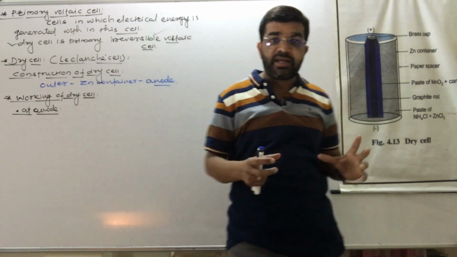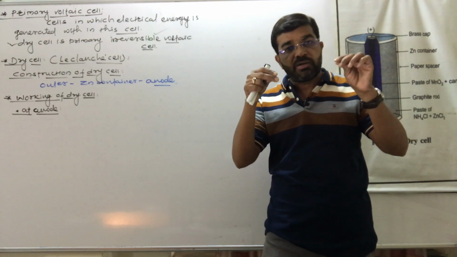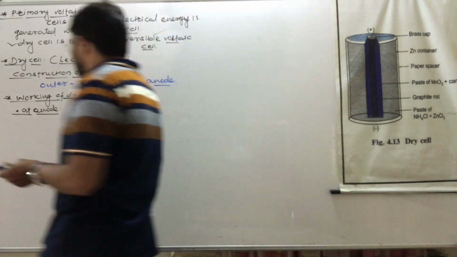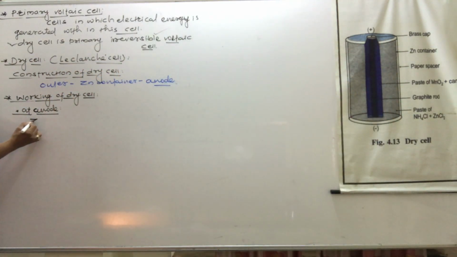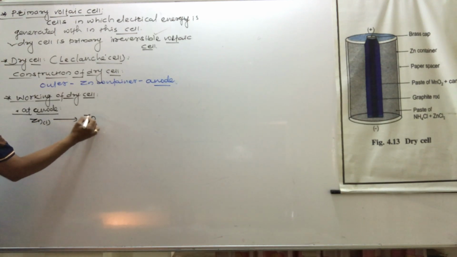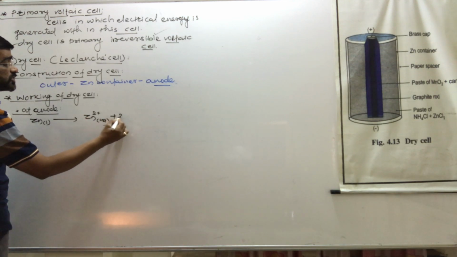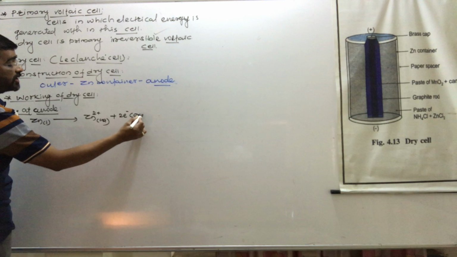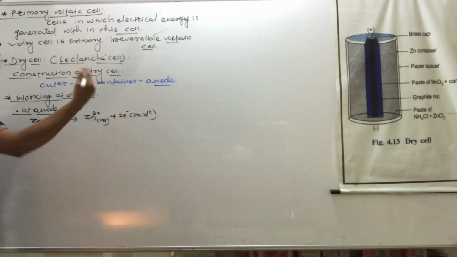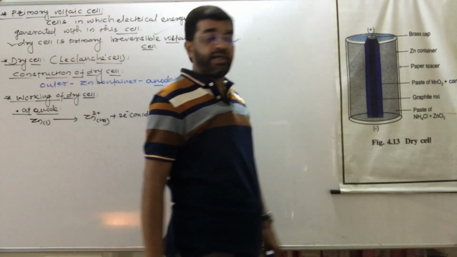What happens is that the zinc container itself undergoes oxidation. So at the anode, solid zinc undergoes oxidation, giving zinc ions with the loss of 2 electrons.